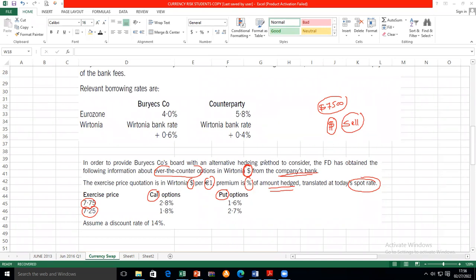The option that you have been given is in dollars, so it allows you to buy or sell dollars. So what option are you going to get? You're going to get a put option, this one. And there are two prices, that one or that one.